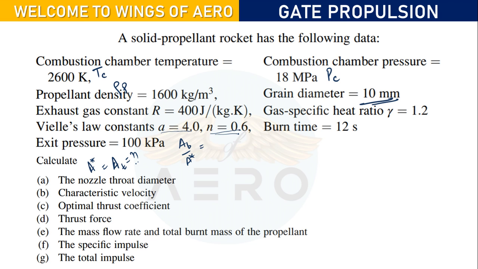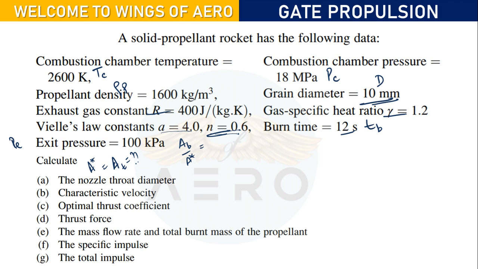What is this value? Which value will it be? Here the gamma value has been given as 1.2, TB, PE. So A value is also given, N value is given, right?